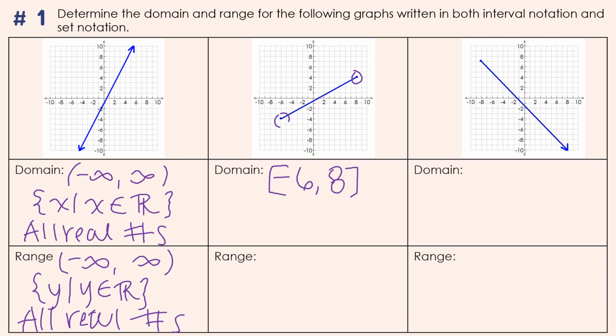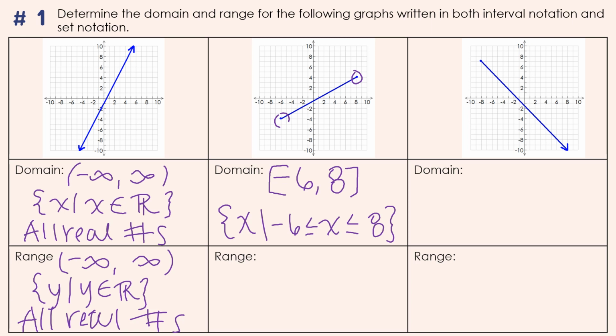So x can be anything between negative 6 and 8. To write that in set notation, we use our braces, x such that, and we're going to use an inequality. Negative 6 is less than or equal to x, which is less than or equal to 8. Anything between and equal to negative 6 and 8 is what x can be. Can't be 10 because there's no place where x would equal 10.